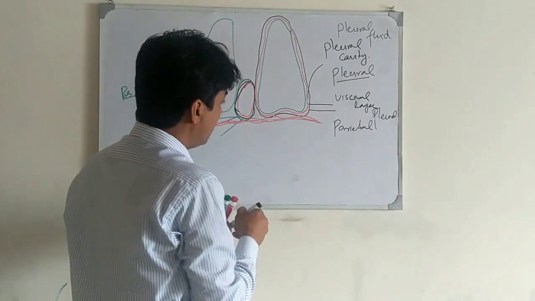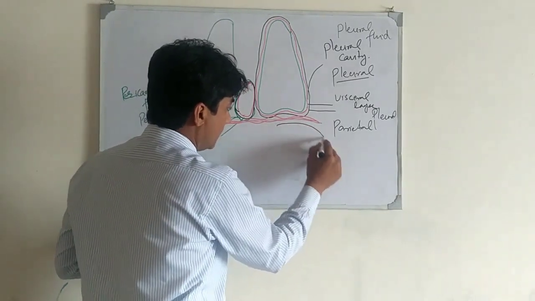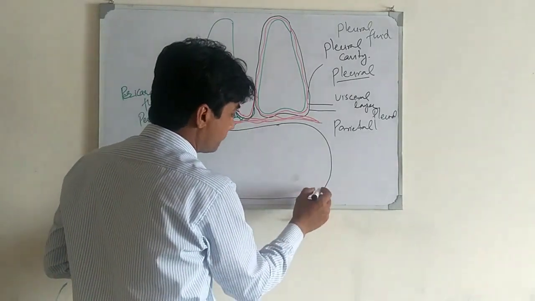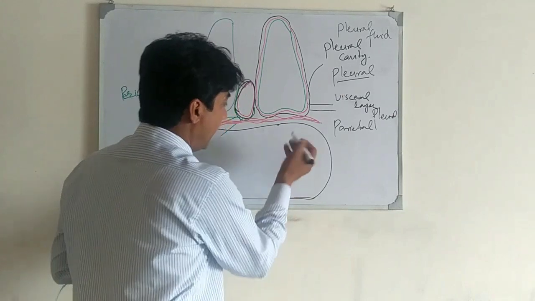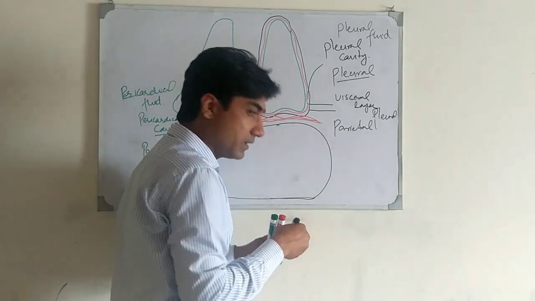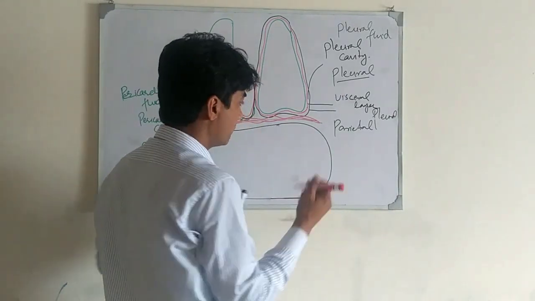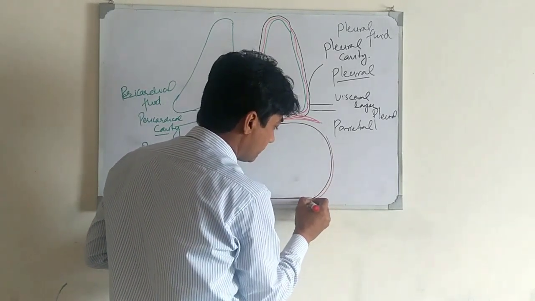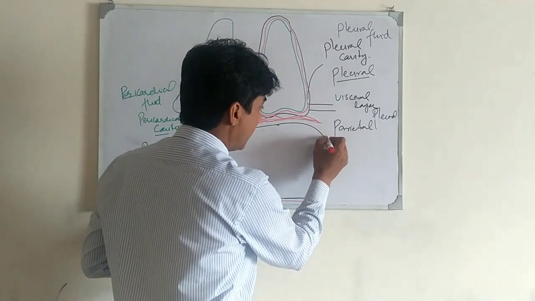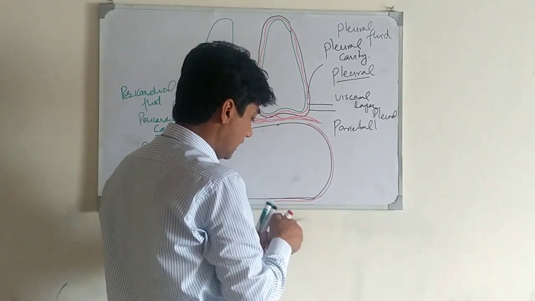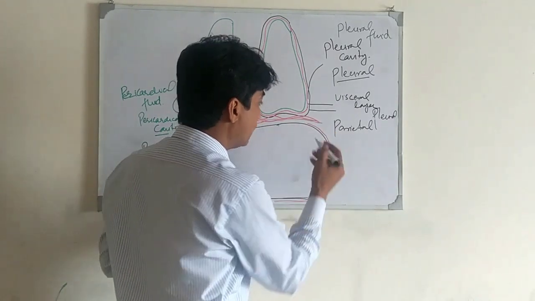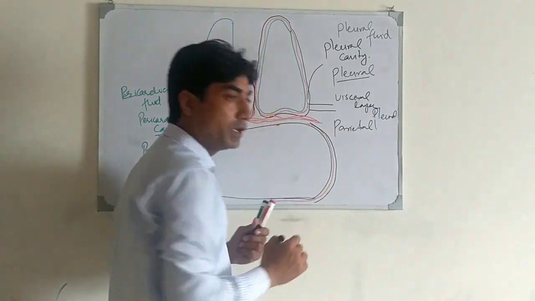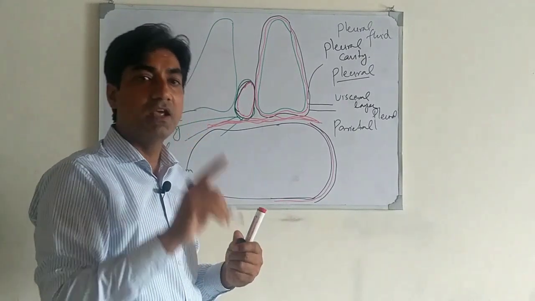Around the abdominopelvic cavity there are also two membranes, and these membranes are called peritoneum. One is outer and one is inner. The outer is called parietal peritoneum, and the inner is called visceral peritoneum.